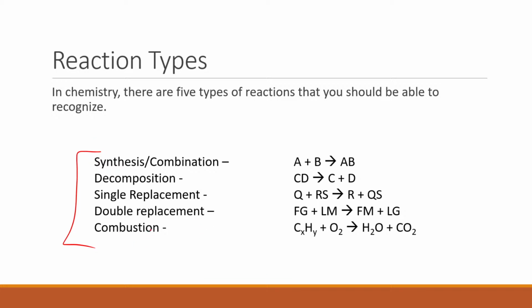These 5 reaction types: synthesis or combination, right, same name for this type of reaction, is when there's multiple reactants coming together to form one product. Decomposition is one reactant breaking down into multiple products.